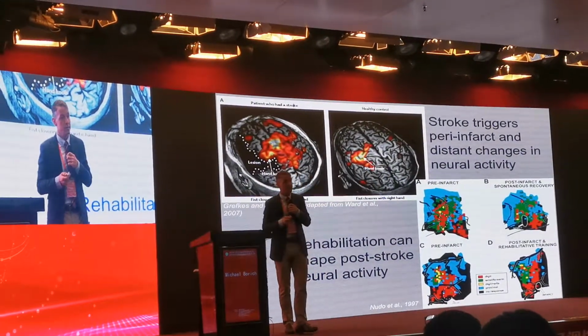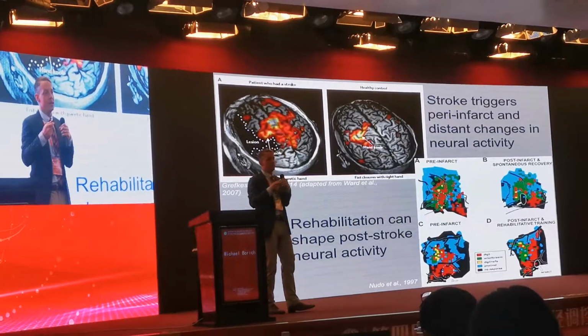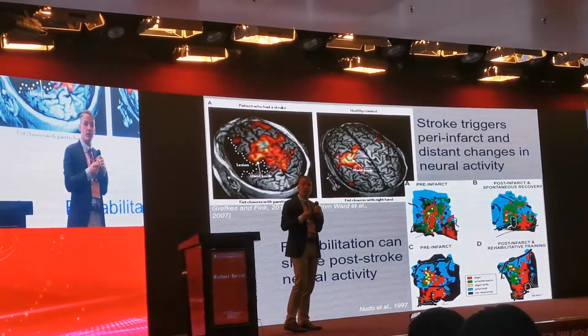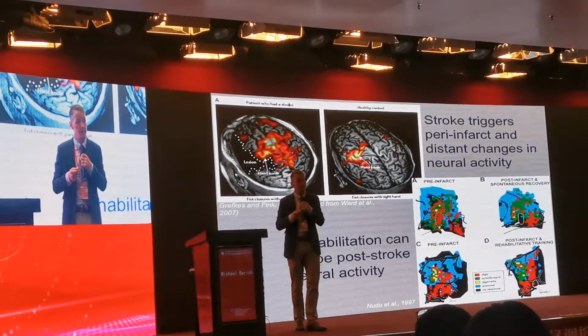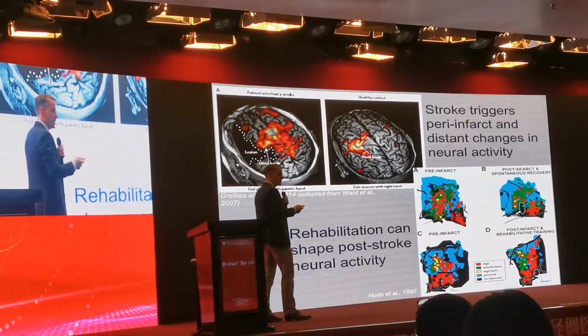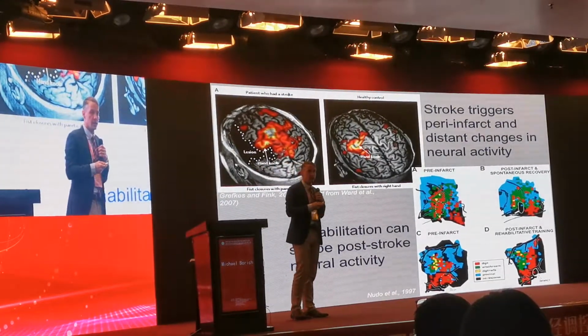However, if you ask these animals to engage in what we call monkey rehab, they actually remap to a point where the representation of the distal extremities remains as a function of rehab.